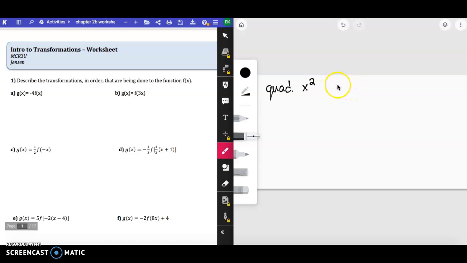So an example of that would be if we had a 4x squared. That 4 is just multiplying in front of that x squared. It's on the outside. It's a vertical change. As opposed to if you had 4x inside, squared, that would be a horizontal change, okay? So that would be one example of it.